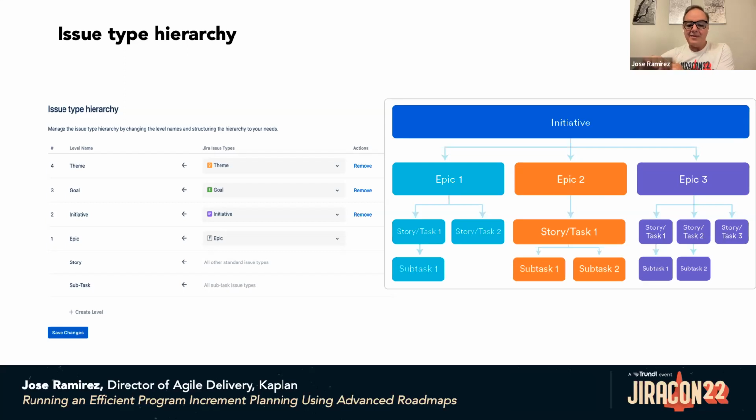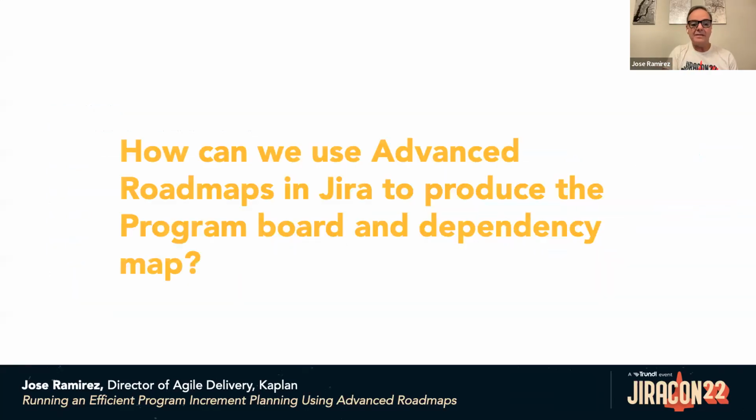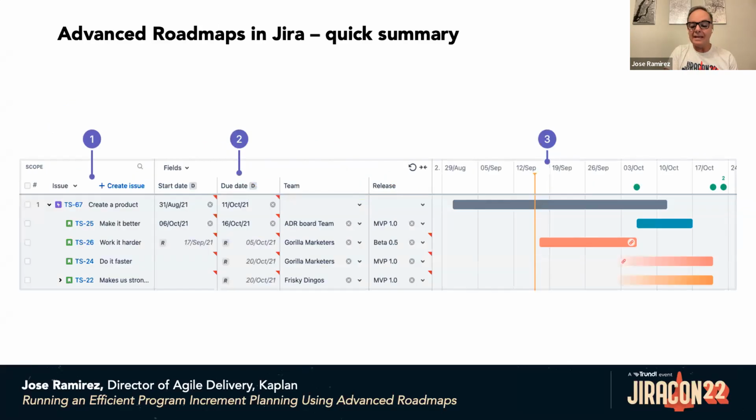Yes, I have a question in the chat. Can we plan how to calculate or set the finish date or task in Jira using the Advanced Roadmap? For sure, you can decide, Lakshmi, that the last date or the finish date in the interface, remember, is the due date, can be determined by rollup.